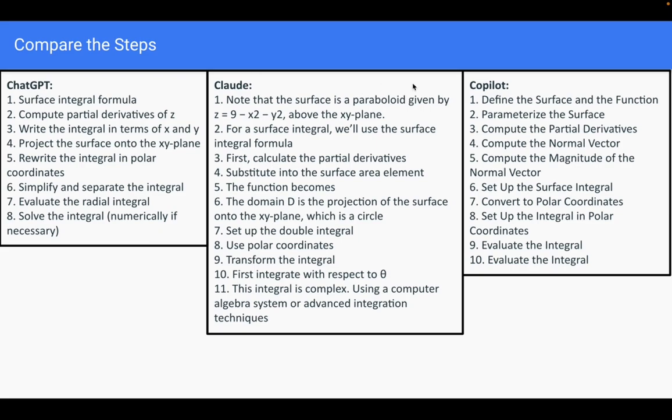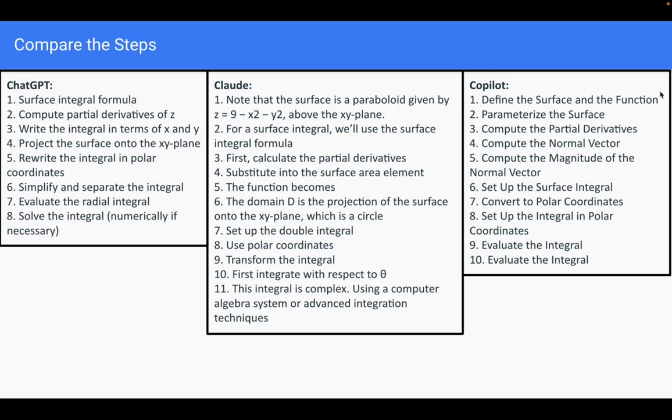So for Claude, it starts with the surface integral, calculates the partial derivatives, and substitutes in the surface area element. The domain is the projection of the surface onto the xy plane, and it sets up the double integral and uses polar coordinates. And then it goes through the process of integrating and uses a computer algebra system for that.